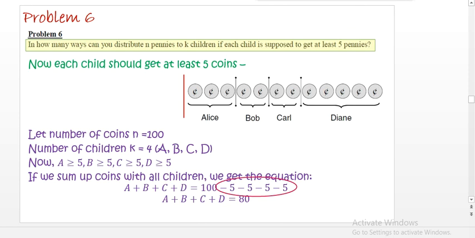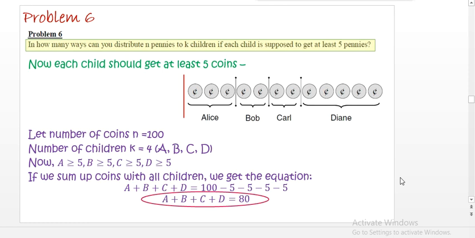So if we give 5 coins to each child, then we are left with 80 coins. And our new equation is A plus B plus C plus D is equal to 80. And from this equation, we have to see how many possible solutions there are. We have 1, 2, 3, 4 types. So 4 minus 1 is equal to 3.